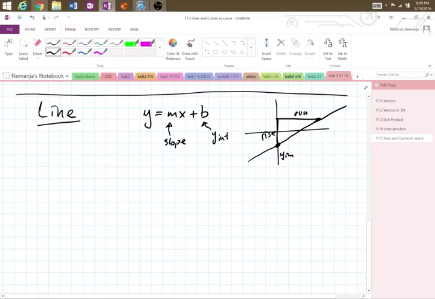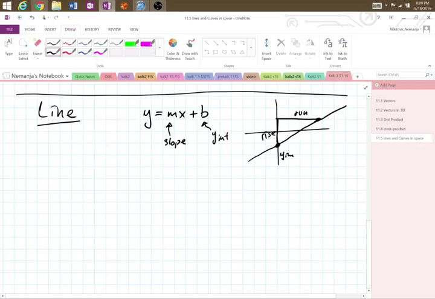So we can do more than that, because in 3D, here is a line that is not on the floor. It's right here. And my question is, what is the equation for this line? And let's pretend this extends indefinitely in both directions. What is the equation of this particular one? It should have the same features.